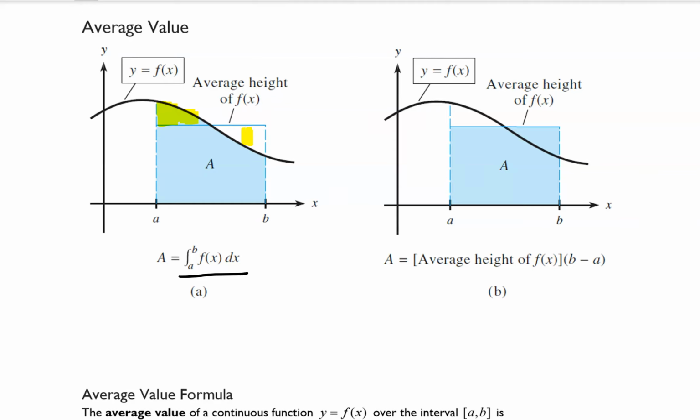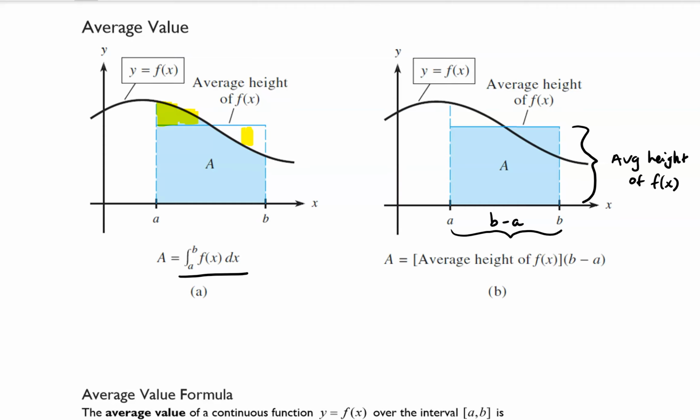And so we still have the same area, we still have the same a value, but it becomes a rectangle. And so then you can calculate the area by multiplying the base times the height, and the base is just b minus a, so that's that length, and then the height is just the average height of f of x.